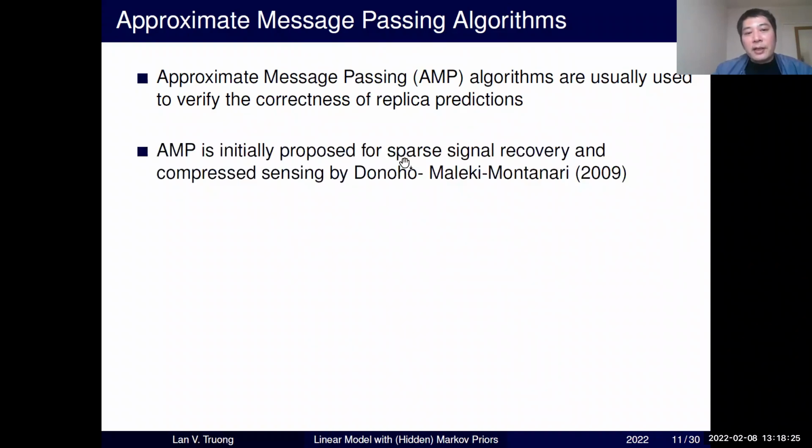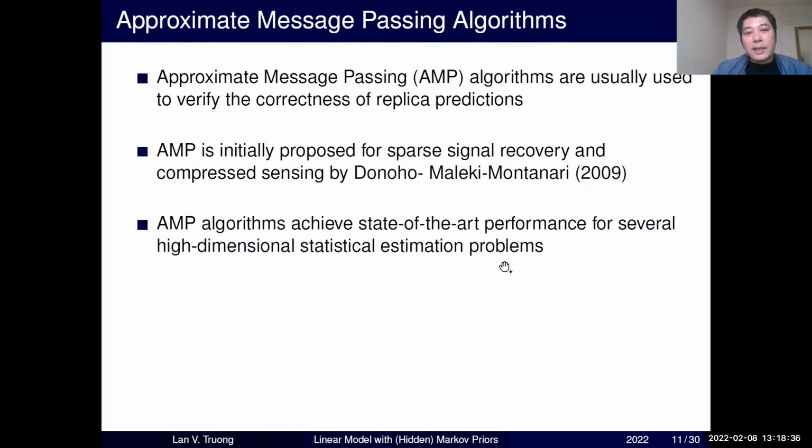It is usually used for sparse signal recovery and compressed sensing, by Donoho, Maleki, and Montanari in 2009. This algorithm achieved state-of-the-art performance on many high-dimensional statistical estimation problems, and its complexity is very low.